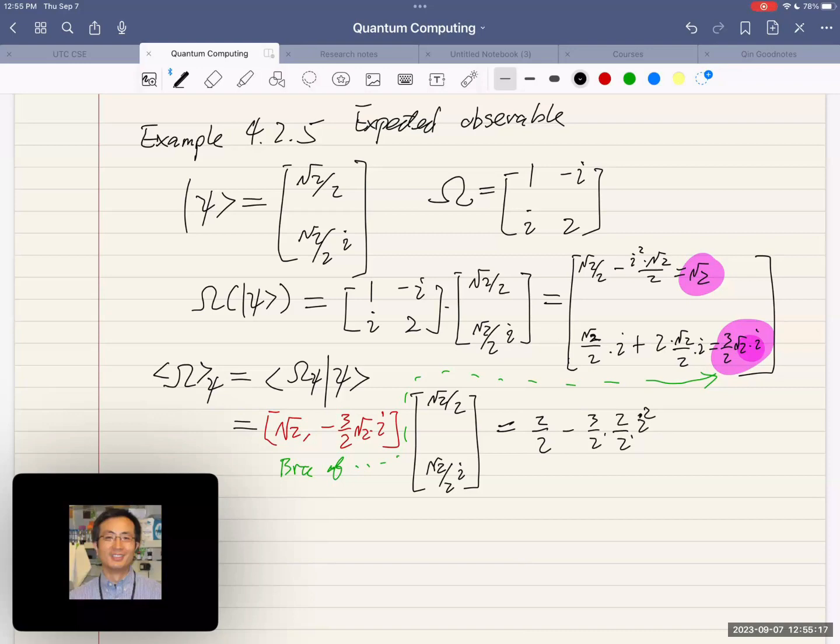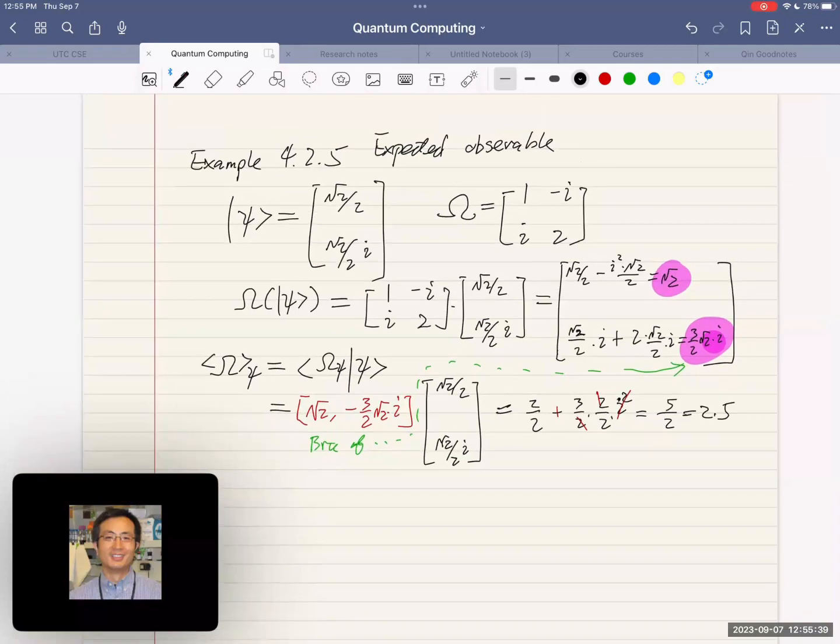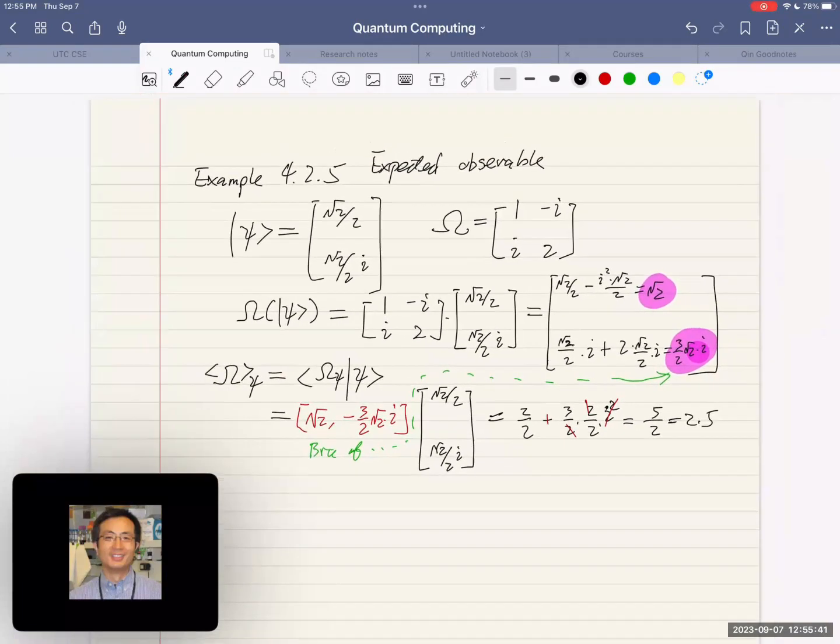So that's plus 1. 2 is gone, 2 is gone. Plus 1, plus 1. So it's 5 plus 2, 2.5. Okay. Gee, hand calculation is hard.